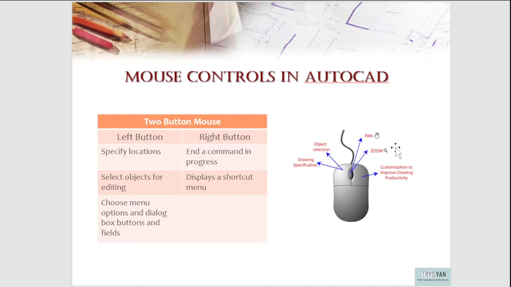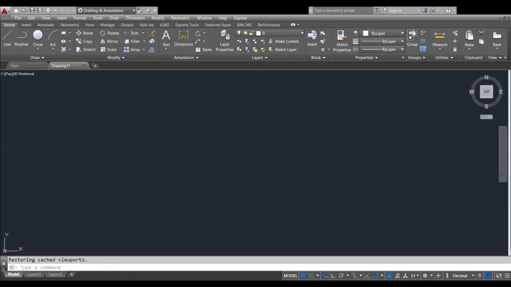So let's try it in CAD, no? Yan. So example, we have here two lines. So by using the left button, I want to choose this line. So by clicking the line, I already chose this line using the left button.